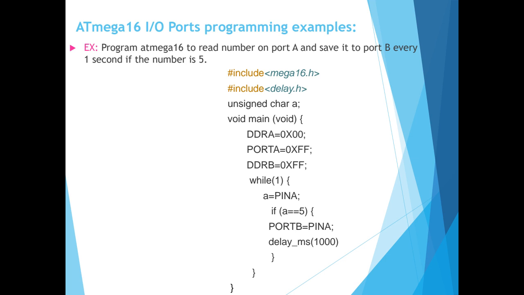It should be configured as input, because for reading data from a port, we need to configure it as input. For configuring a port as input or output, which register do we use?